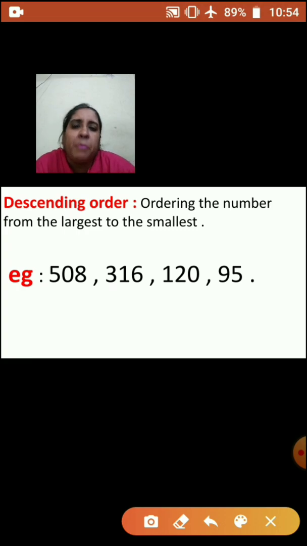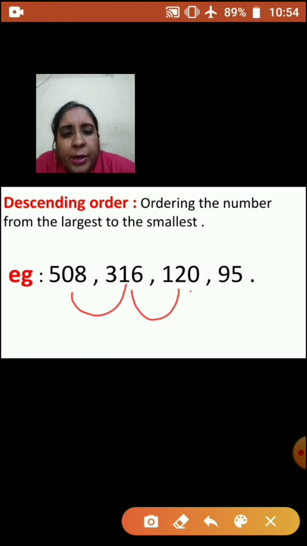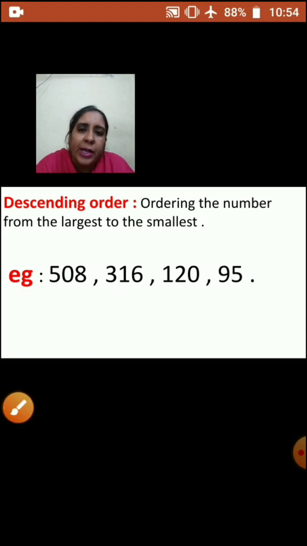If you see these numbers carefully, 508 is bigger than 316, 316 is bigger than 120 and 120 is bigger than 95. So it means the numbers are arranged from big to small. This is called descending order.